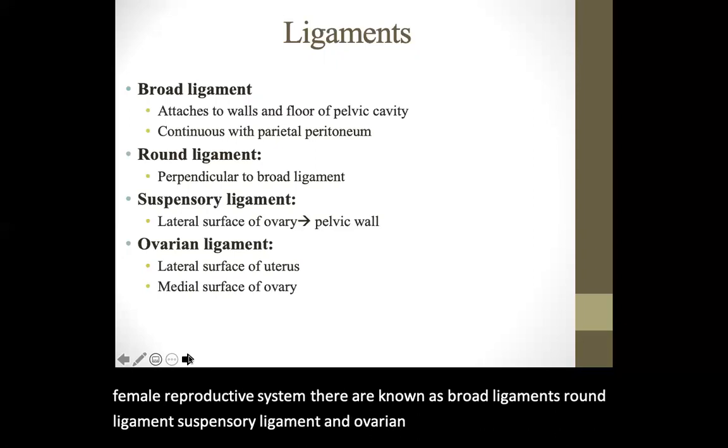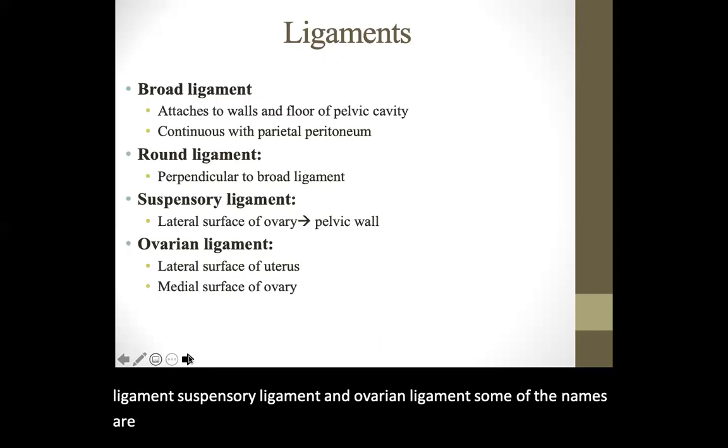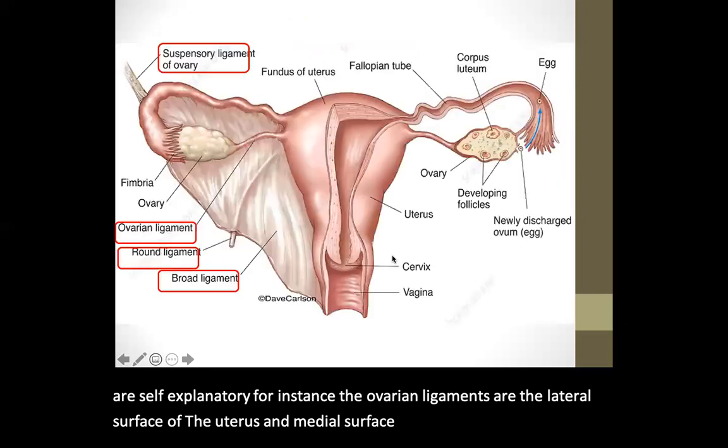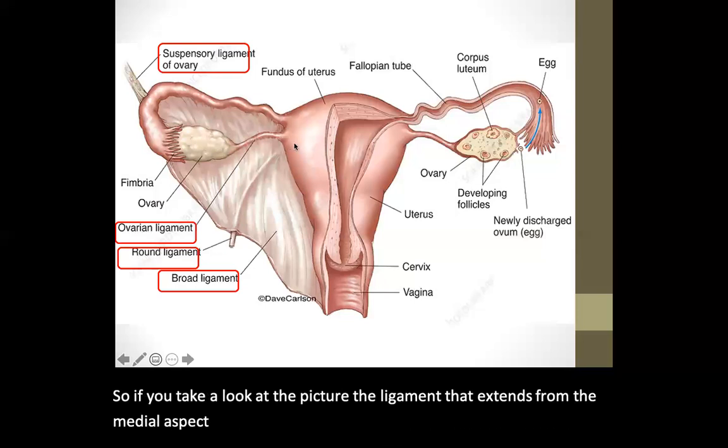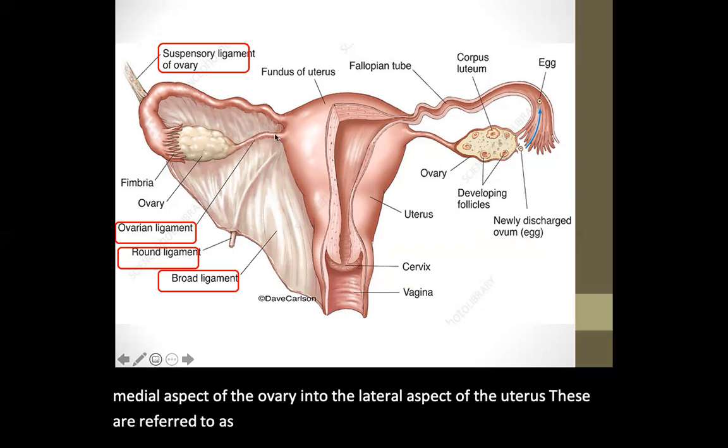Some of the names are self-explanatory. For instance, the ovarian ligaments connect the lateral surface of the uterus and the medial surface of the ovary. So if you take a look at the picture, the ligament that extends from the medial aspect of the ovary into the lateral aspect of the uterus is referred to as the ovarian ligament.